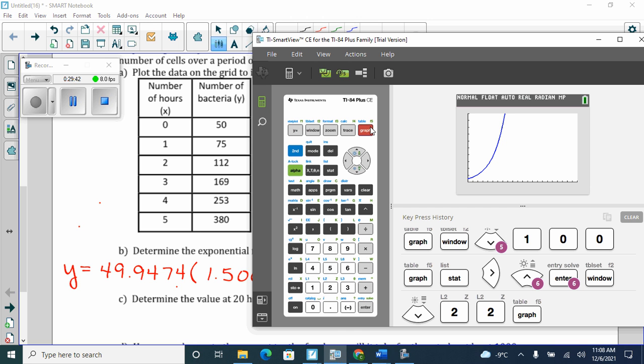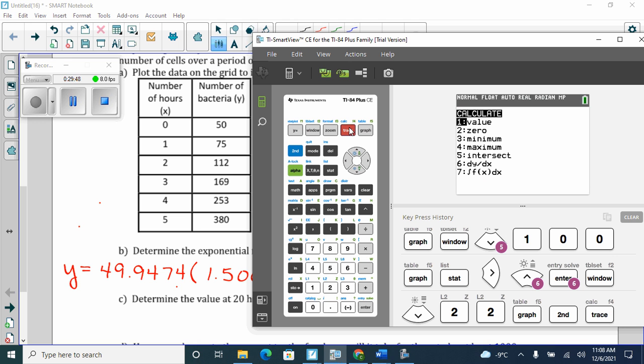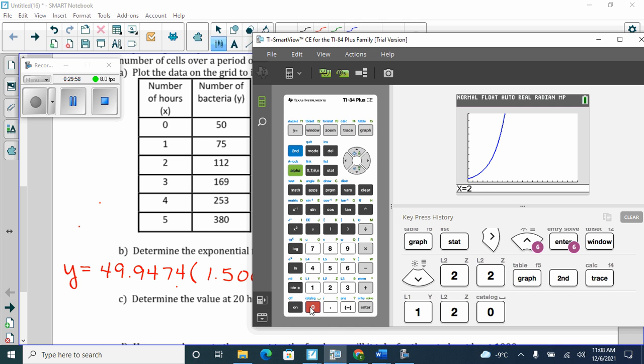Now, I have the x value. What do we do when we have the x value? We go second, trace, then what? Which one of those when you have the x? Value. You're all typing, but no one's talking. 20. So it's 166903.